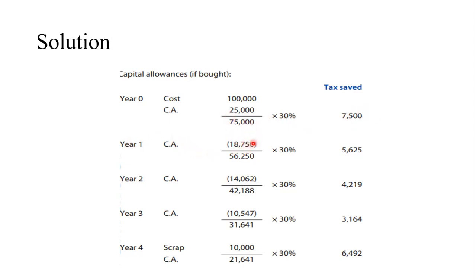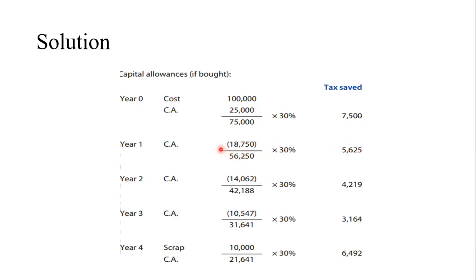You have a tax written down value balance of 75,000. You bring it to year 1. So 75,000, you multiply that by your capital allowance rate of 25%. So 25% of 75,000 gives you 18,750. You save tax on this by multiplying it by 30%. That gives you 5,625.